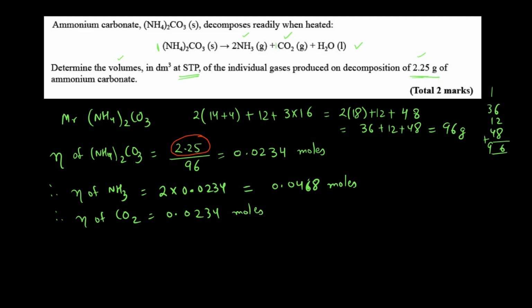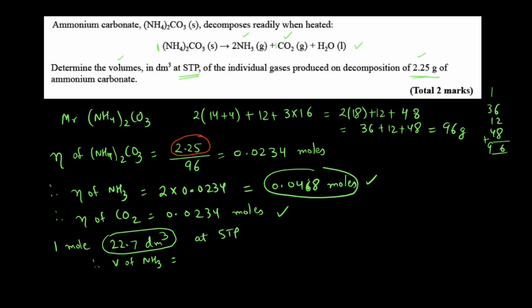Now at STP we know that 1 mole of gas occupies 22.7 dm cube of volume at STP. So for this mole and this mole, how much will be the volume? Because we need to find the volume, so we convert. So the volume of ammonia will be, 1 mole is occupying this much at STP, so this many moles will occupy how much?